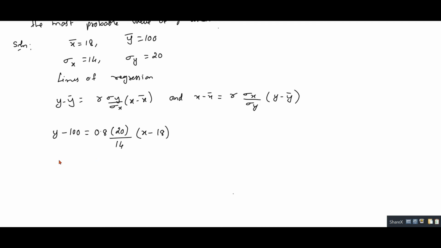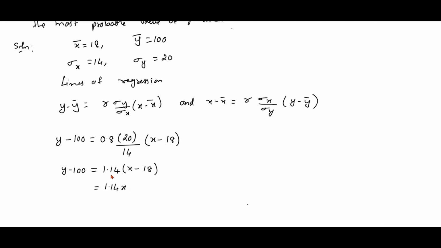So Y minus 100 is equal to, if you simplify this term, you will get 1.14 times X minus 18. Further, let us multiply this out. 1.14 into X will be 1.14 times X. 1.14 into 18 will be 20.52.